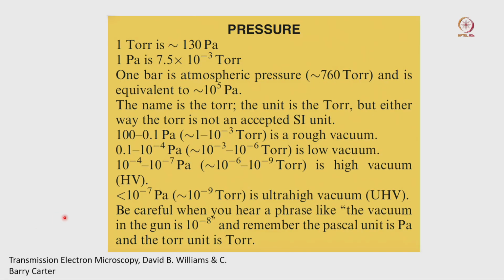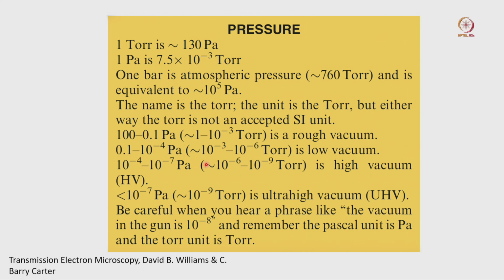Let us take a look at what kind of pumps we are using inside the microscope. A couple of values are very important in the microscope. Most of the time if you go inside the microscope, you will not see all these values like 1 torr, but it is good to know and connect them.